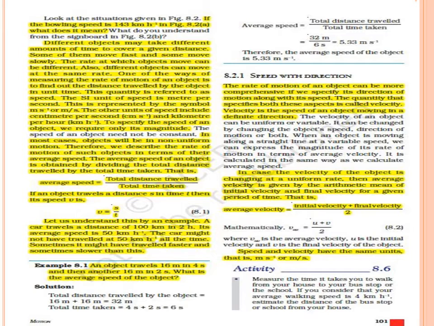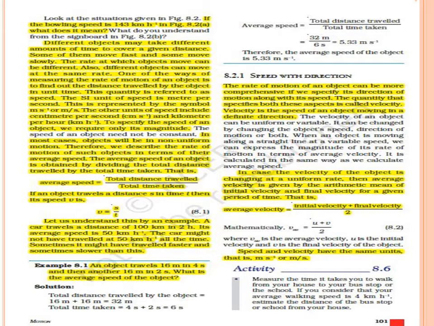That is, if the velocity changes equally, for example if in the first hour it is 50 km per hour and in the second hour it is again 50 km per hour, then the average velocity can be calculated easily by taking the arithmetic mean.